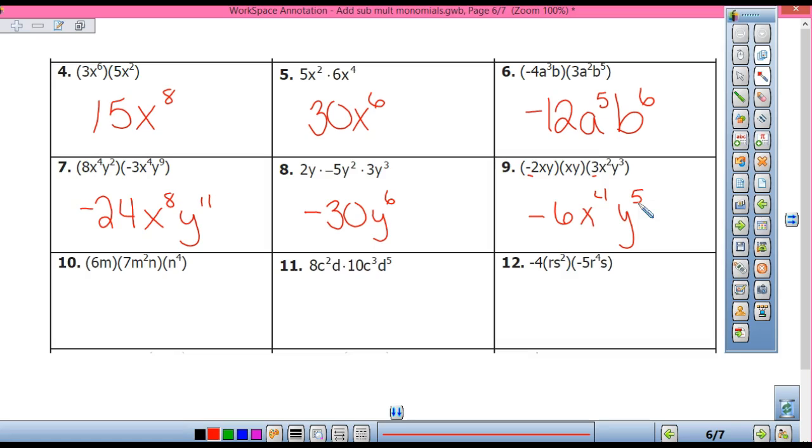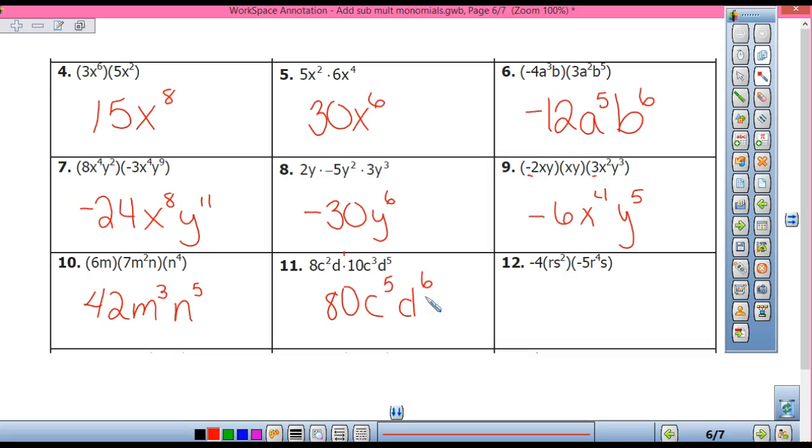Max? 42. M to the 3rd. And n to the 5th. Good. Trev? D to the 6th. There you go. Good. Questions? Make sure you stop me.